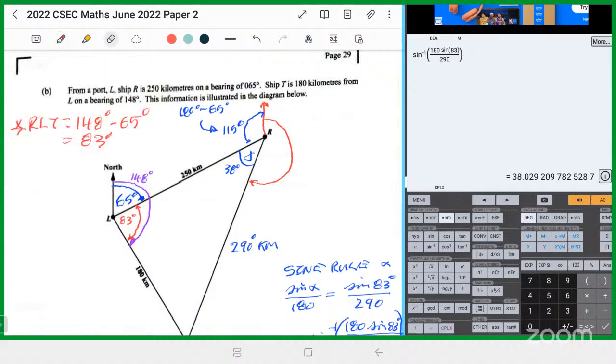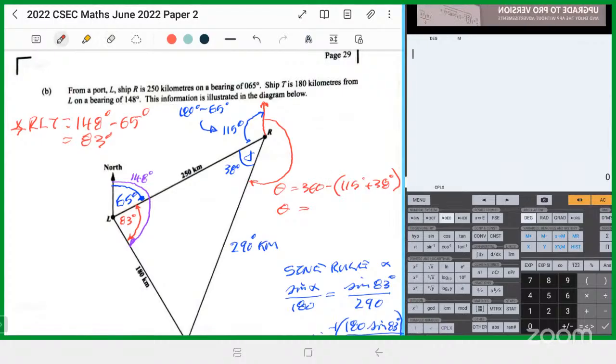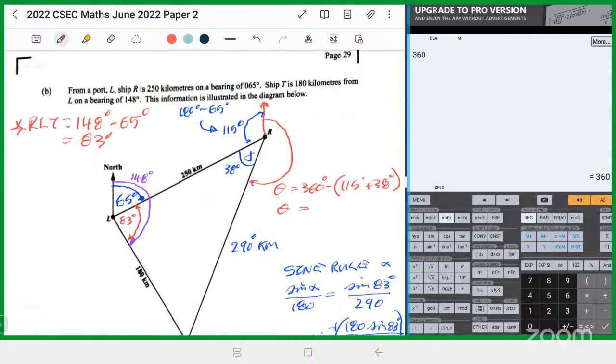Let's put it back to the one. So this angle theta comes 360 minus the 115 and the 38. And that gives us the theta bearing angle that we want. So it's 360 minus the 115 and minus the 38, which is 207.